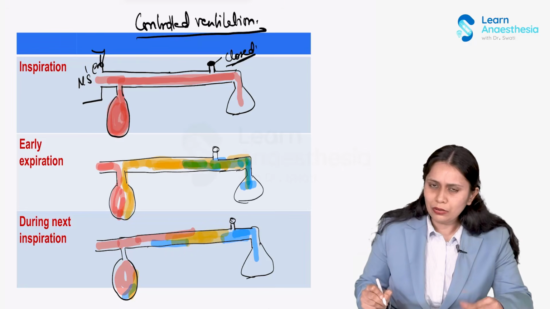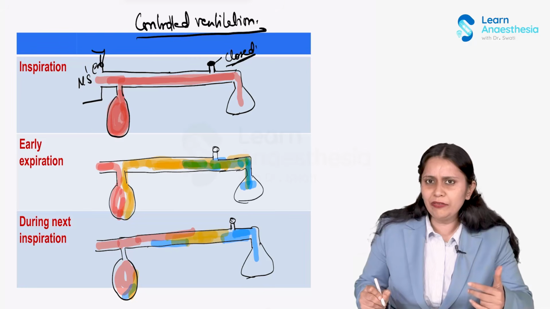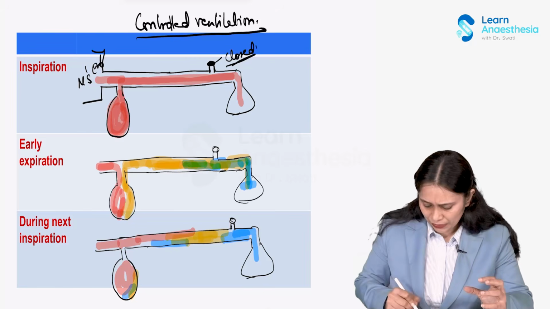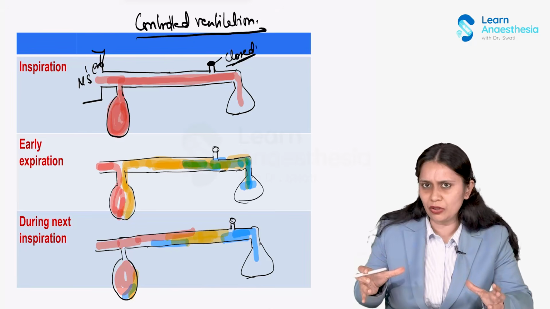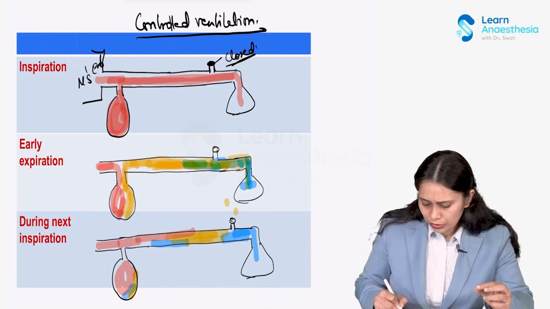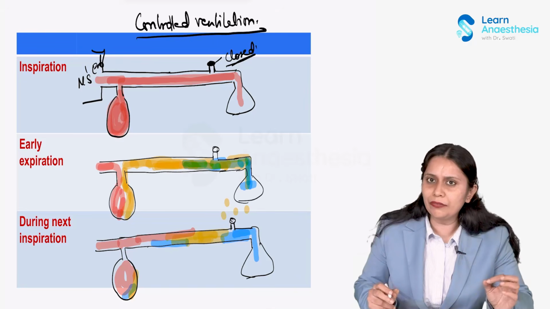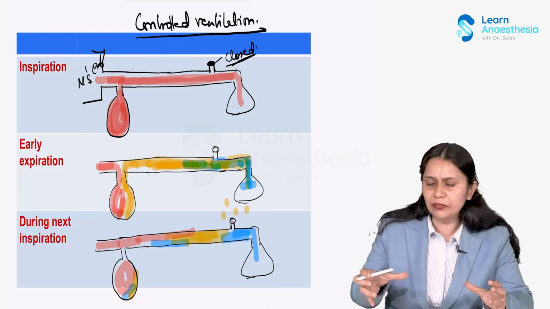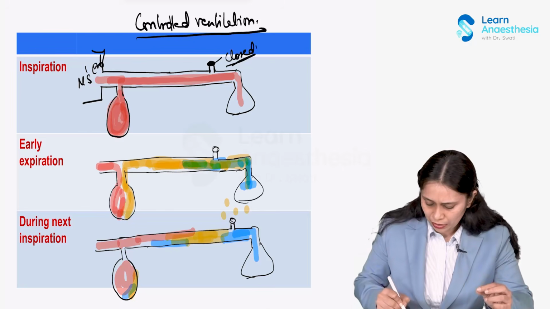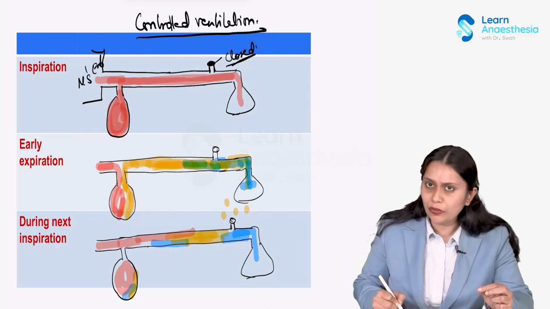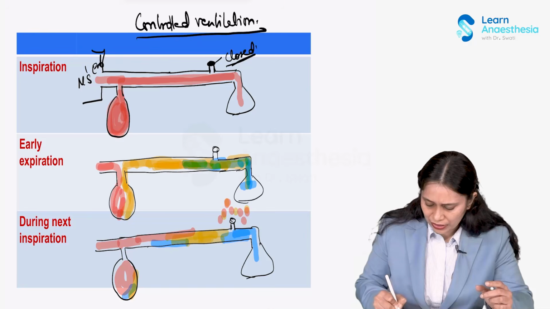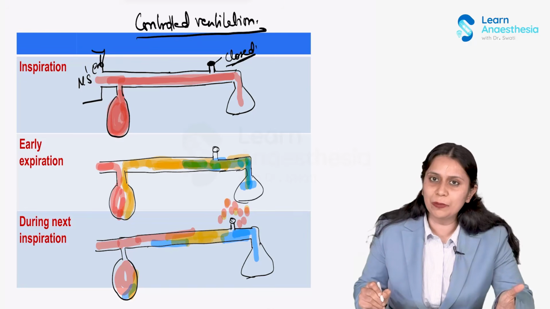Okay, so let's say when we are squeezing the bag, enough pressure is not generated, so removal of the gas from the expiratory valve is not happening. But later in the expiratory phase, when enough pressure is generated, the removal of gas from the expiratory valve will happen, and the removal of gas will be mostly the fresh gas rather than your expiratory gas.